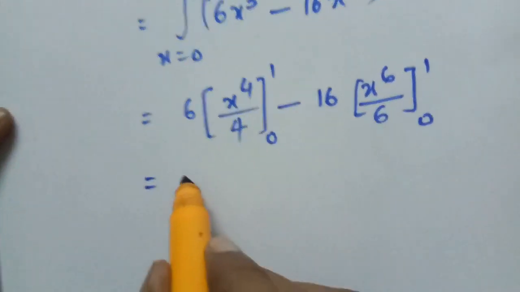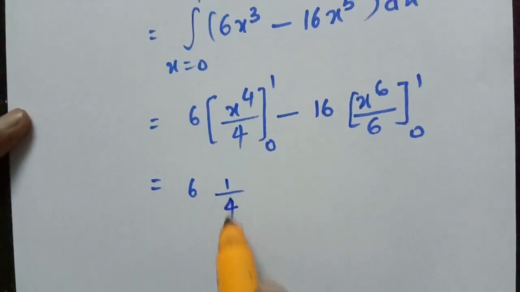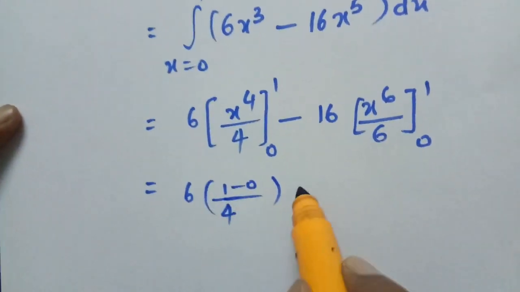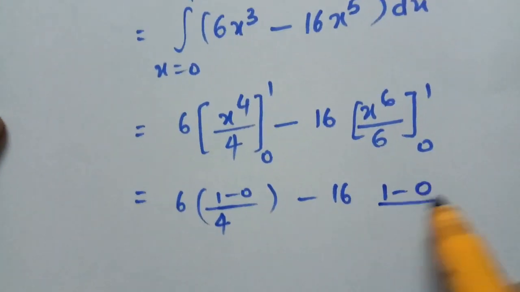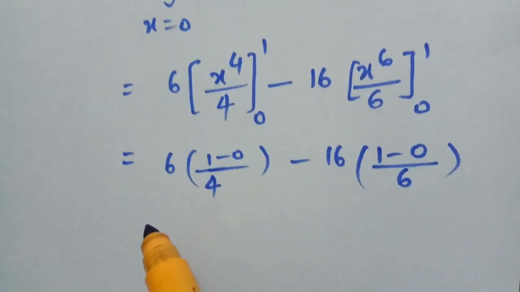Therefore, this is 6 into 1 by 4, upper limit 1 minus lower limit 0, minus 16 into upper limit 1 power 6 minus 0 by 6.